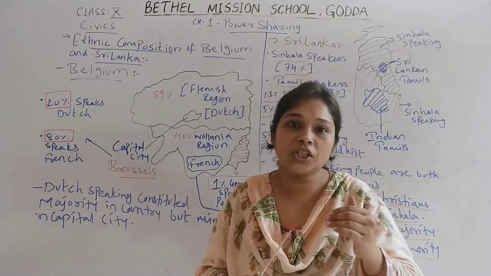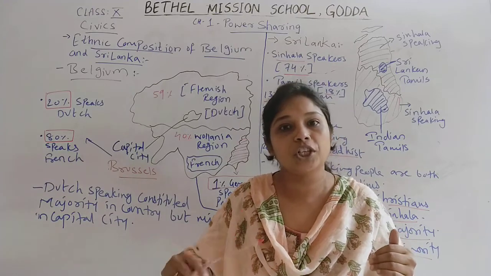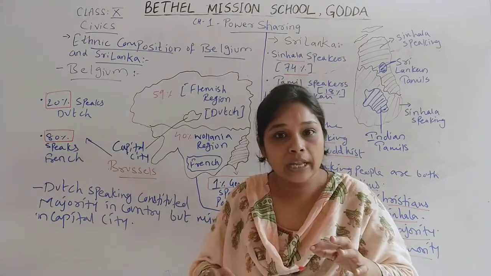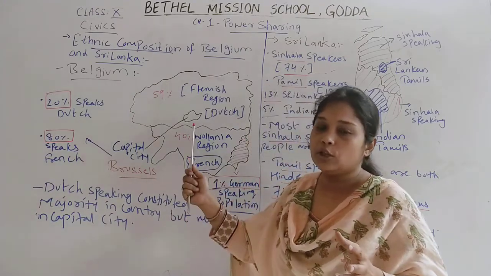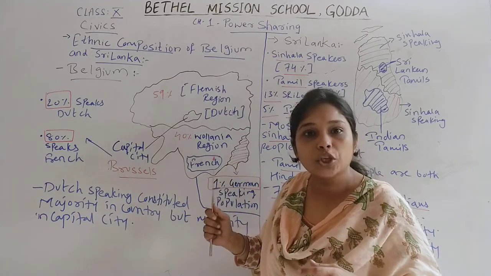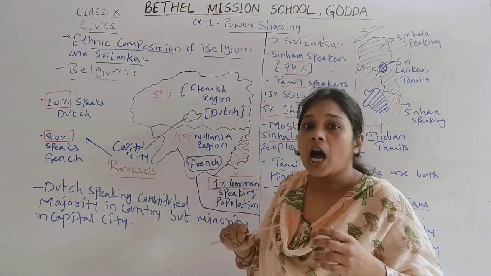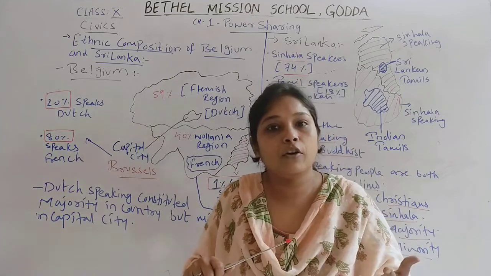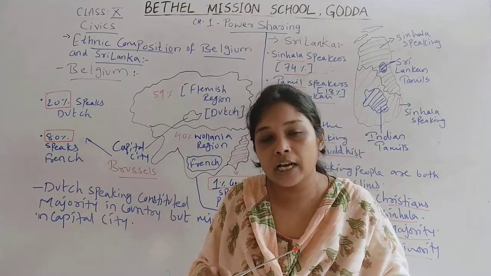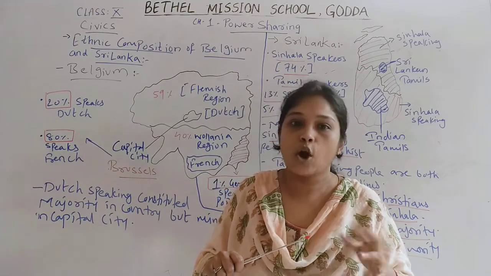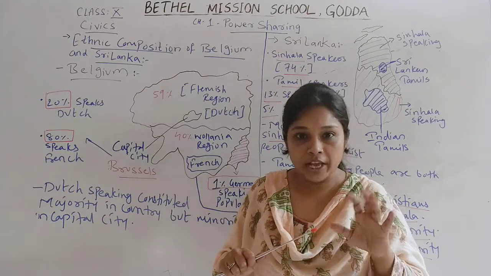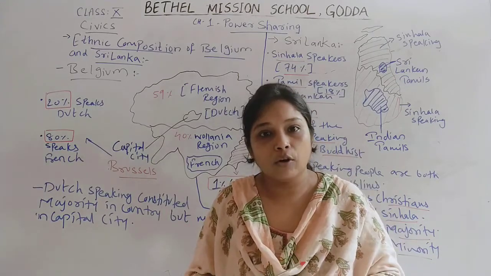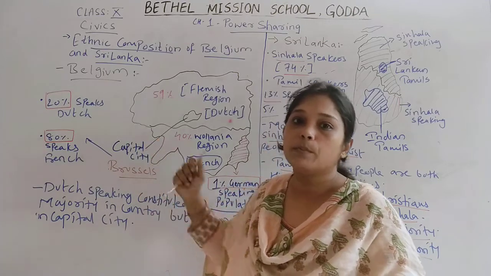That means their population is less in India and the Hindu population is more. Over here we will see the same thing in Belgium and Sri Lanka: what different kinds of ethnic groups are there in Sri Lanka and Belgium, and what is their composition, that is, whether they are in majority or in minority. That is called ethnic composition.